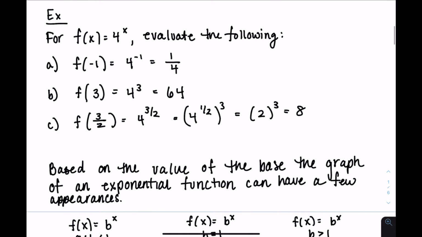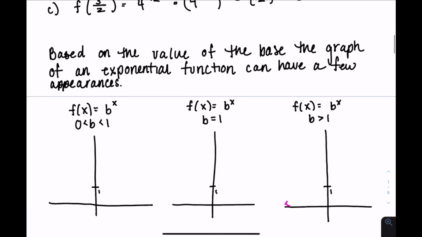Now, based on the value of the base, we're going to have technically 3 different appearances of the graph, but just 2 of them are going to be the important ones. So based on the value of the base, it being between 0 and 1, it being exactly 1, or greater than 1, we'll have a couple different options for the graph.